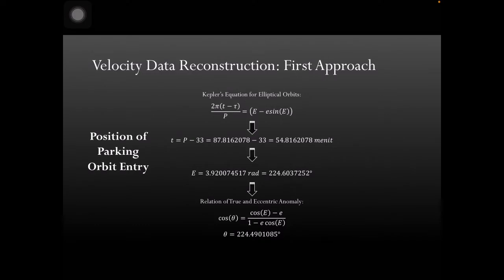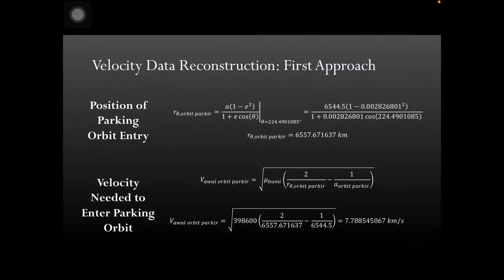Using Kepler's equation for elliptical orbits, we can determine the position of the parking orbit entry by first obtaining the variable t, which is the period minus the parking time, which is 33 minutes. Then by substituting it into Kepler's equation, we can obtain E, the eccentric anomaly, and relating it to the true anomaly, we get a true anomaly value of 234.5 degrees.